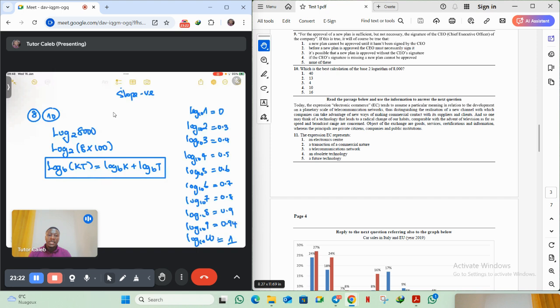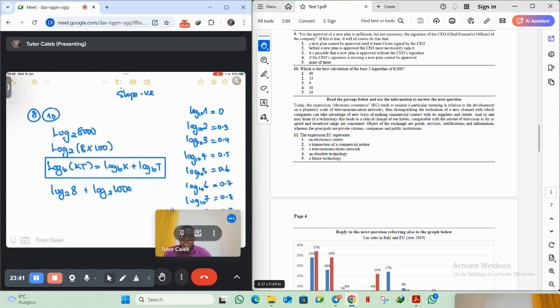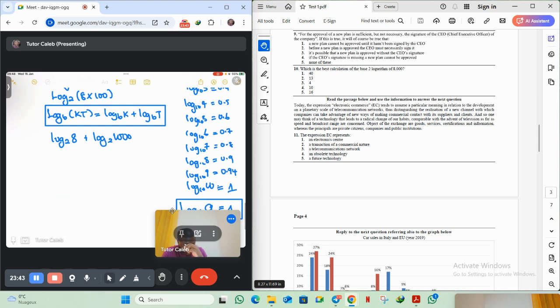So if we apply it on this question, we're going to get the logarithm of 8 base 2 plus the logarithm of 1,000 base 2. If we apply our principle of indices, we can express this as the logarithm of 2 to the power 3 base 2 plus the logarithm of 10 to the power 3 base 2. Now we apply the law of power.